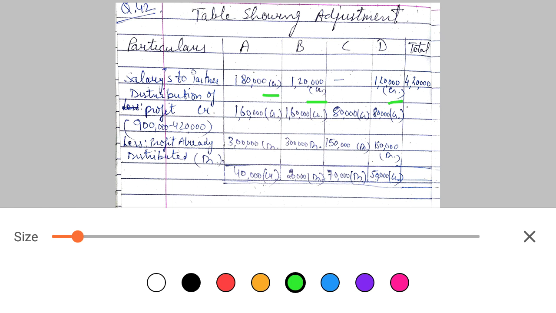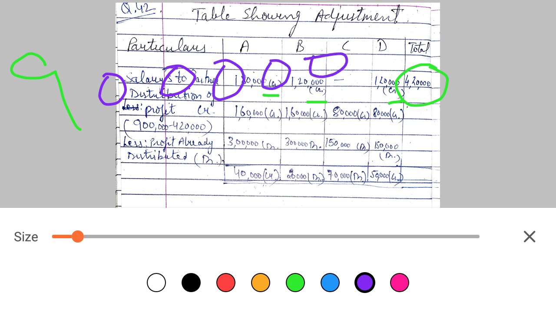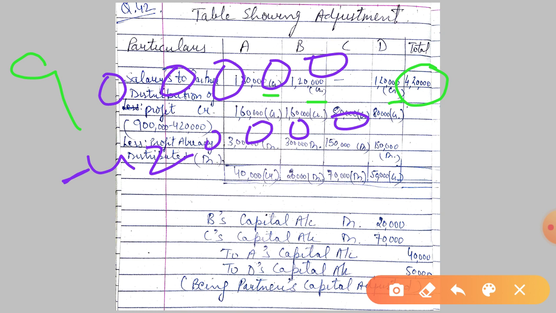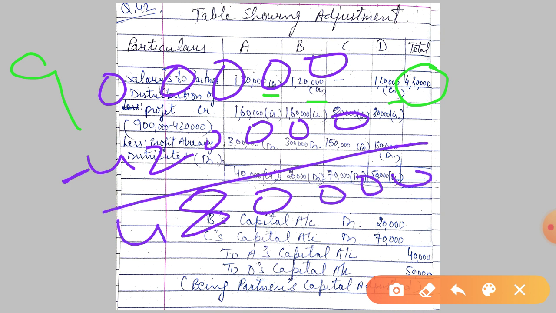Now if I pay this 4,20,000, what was our profit? 9 lakh was our profit, and if we distribute the salary out of it, then what amount will be remaining? Tell me, what amount will be remaining? 4,80,000 will be remaining, because the salary is an appropriation of profit.